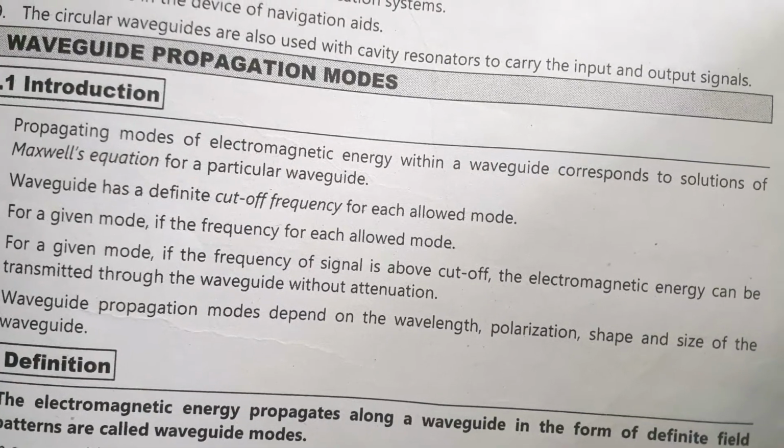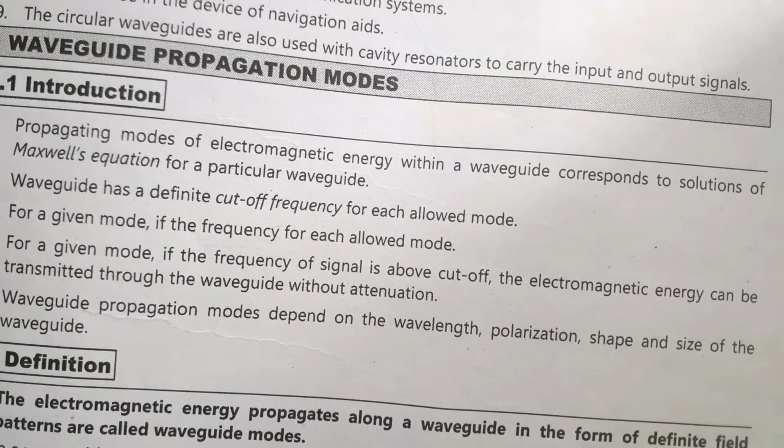Propagating modes of electromagnetic energy within a waveguide correspond to solutions of Maxwell's equations for a particular waveguide. So a waveguide has a definite cutoff frequency for each allowed mode. So every waveguide has its cutoff frequency.